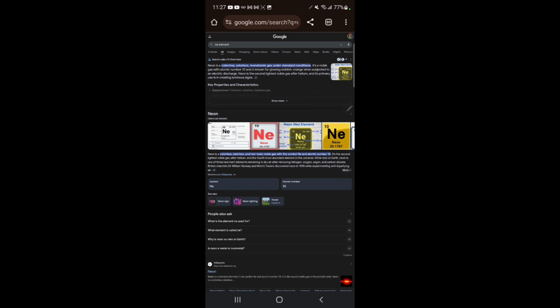E also represents the element neon, a colorless, odorless, monatomic gas under standard conditions. It's a noble gas with an atomic number of 10 and is known for glowing reddish orange when subjected to an electric charge.